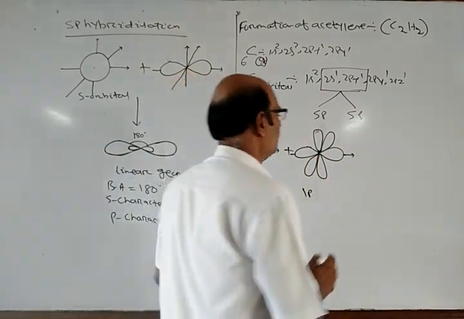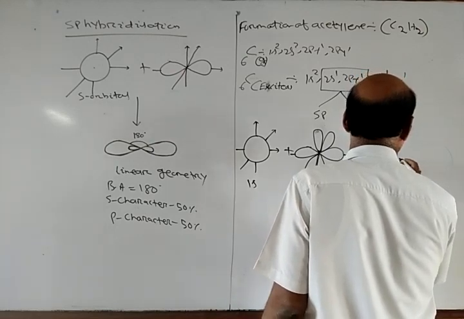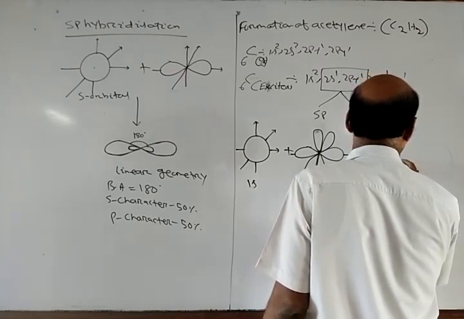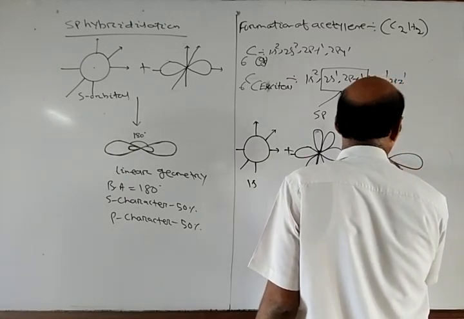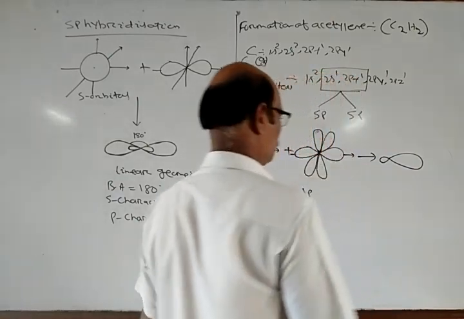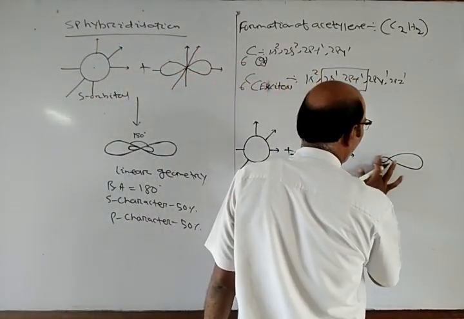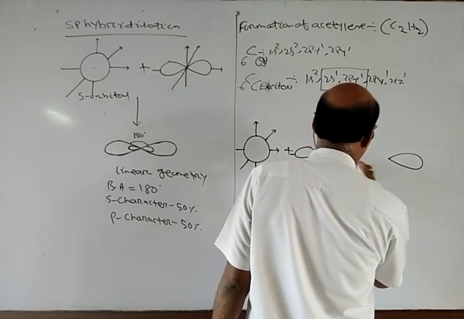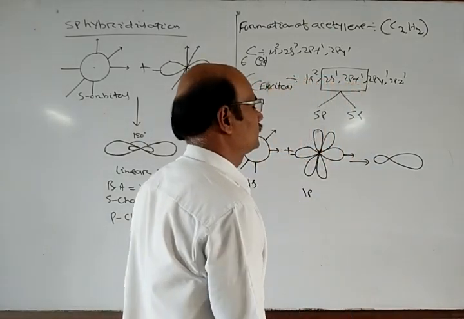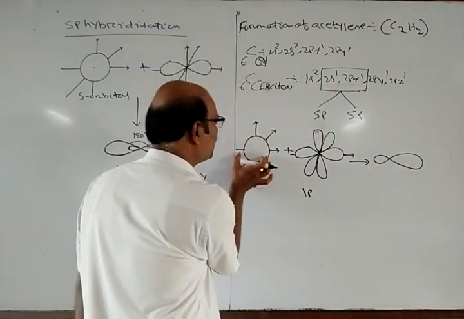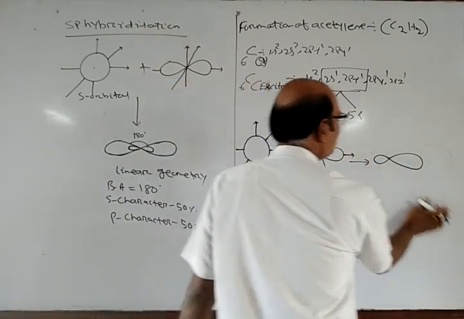So here we have one sp hybrid orbital, and 1s and 1p mixed to give two sp.